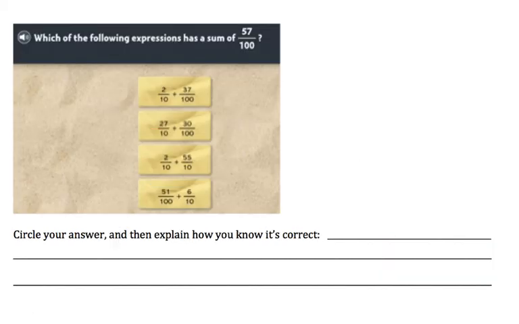Alright, let's look at this next one, and just to kind of change it up, I'm going to think about it in terms of dimes and pennies. So it says, which of the following expressions, and remember these are expressions because they're just lines of math with no equal sign, which of the following expressions has a sum, or adds up to, 57 hundredths? Let's take a look at the very first one.